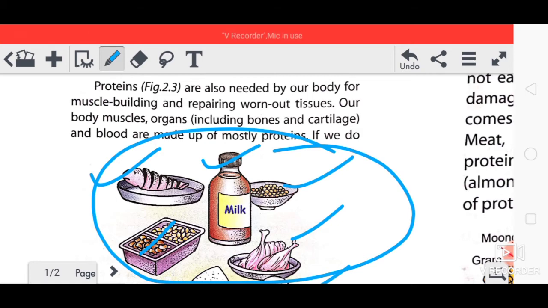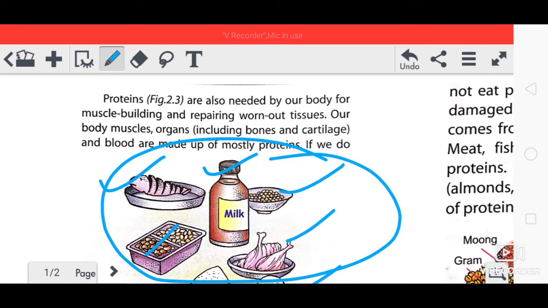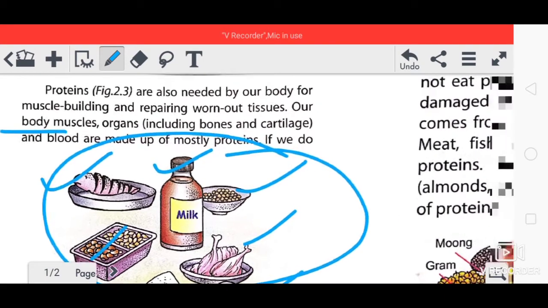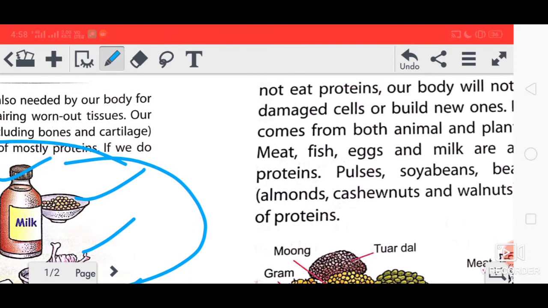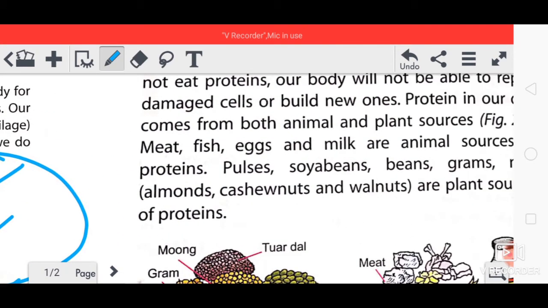And protein helps in what? In building our body, in keeping our body muscles and organs strong and in proper condition. If our tissue gets damaged, then it repairs our tissue.